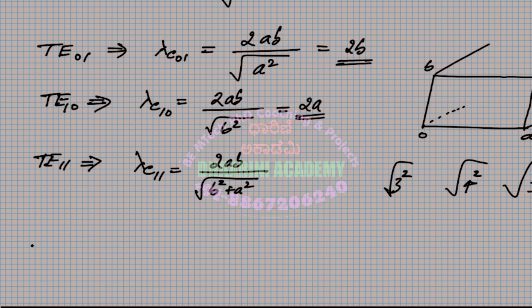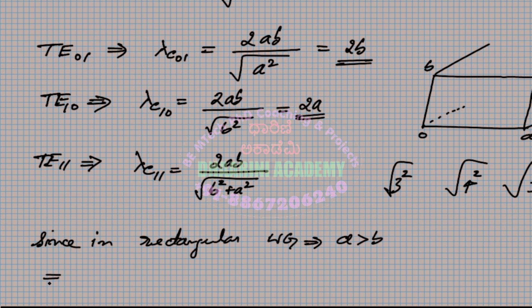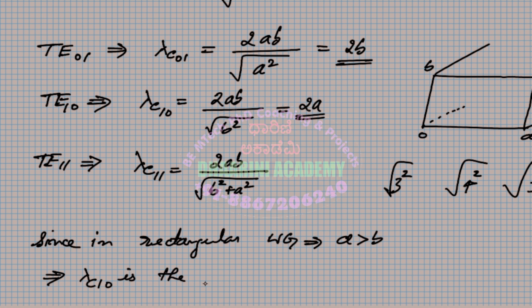This justifies everything. So since in the rectangular waveguide, always A is bigger than B, right? That is our convention. A is a larger dimension than B, right? This means lambda C10 is the largest wavelength, isn't it?